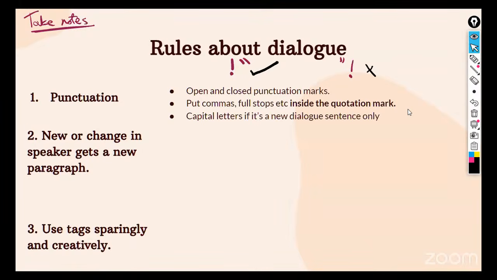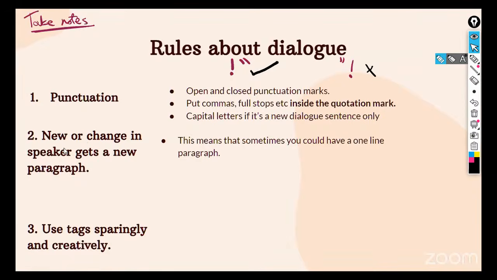Capital letters if it's a new dialogue sentence only. So it's not necessarily when you go to the next line, but when the speaker is starting a new sentence, capital letter, right? New or change in speaker gets a new paragraph. So sometimes you could have a one-line paragraph. We just talked about this, right?